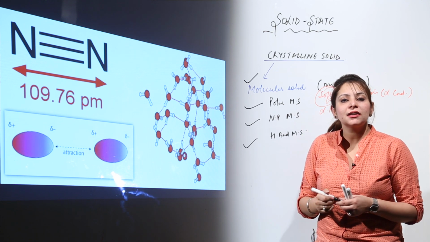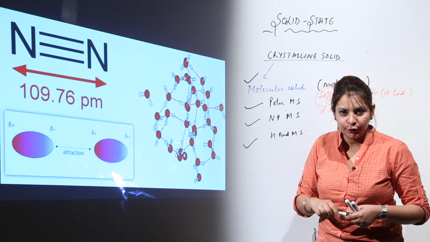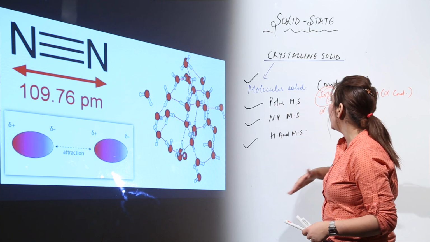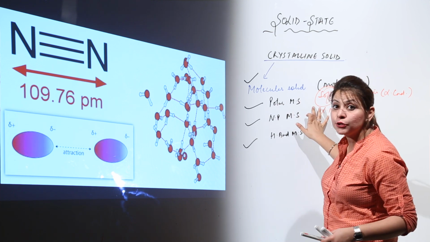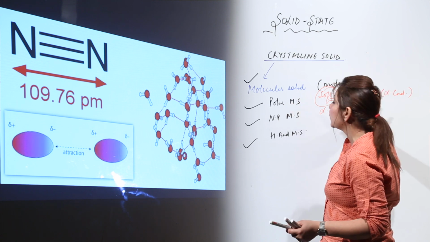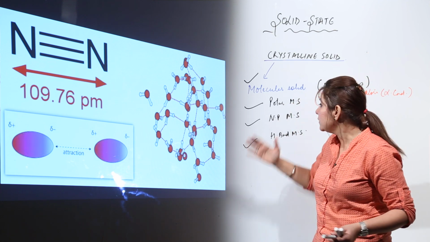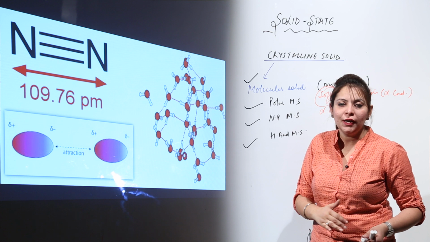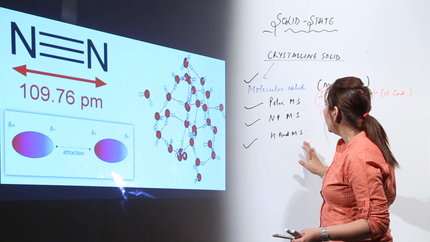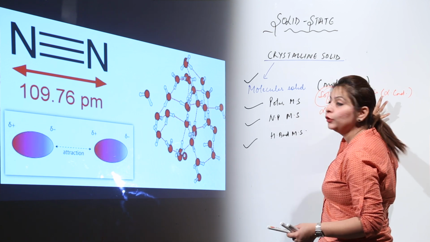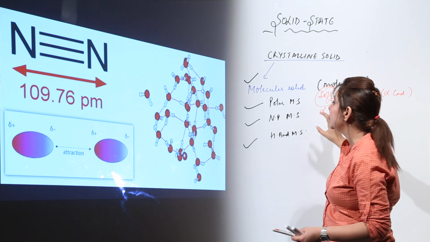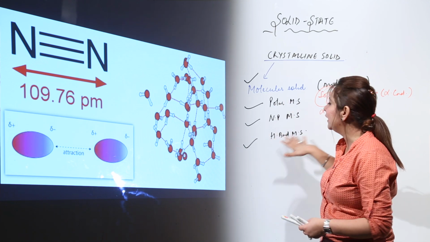These three categories are the subcategories of the molecular solid. These three are formed of molecules and they are generally soft, have low thermal conductivity, and even their melting point is low. Now we are going to study them in detail.